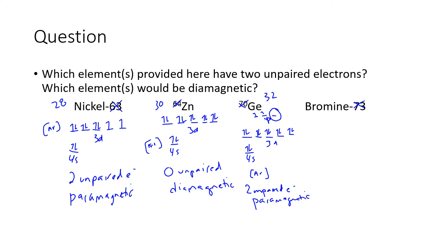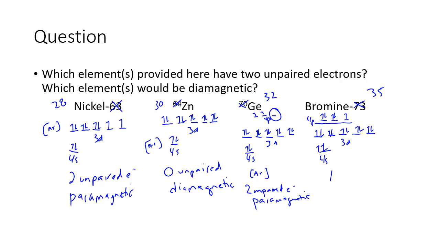Bromine has 35 electrons, and so if we just keep building up, all of these you're noticing have the same sort of setup here. 4s2, 3d10. Now we would add 3 more electrons compared to germanium, so that would be 5 electrons in the 4p group right there.